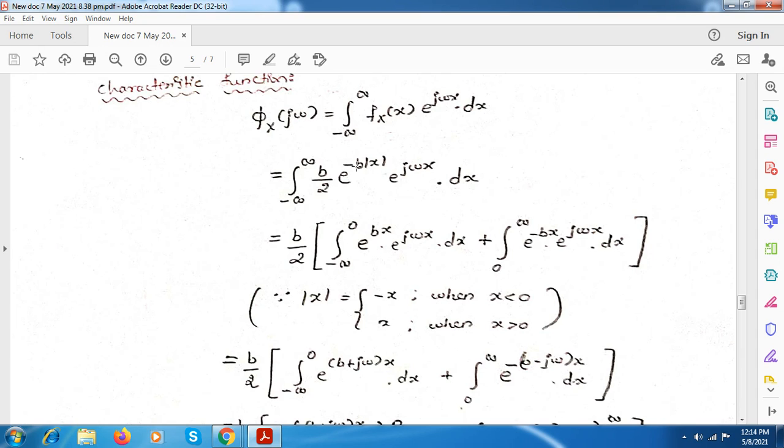So it will be minus b into minus x, so here it will be plus e raised to bx. This term is kept as it is. And from 0 to infinity, you have x values greater than 0, so this x will be positive. So e to the power of minus b into x, and this term is kept as it is.